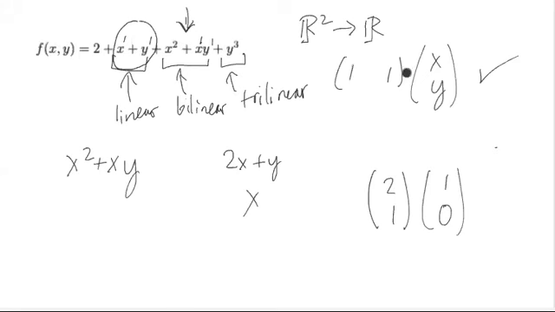So we've taken the transpose of something: notice right here we had 2x plus y and x. What I'm doing is thinking a little bit about the multivariable Taylor expansion, and where it's centered.